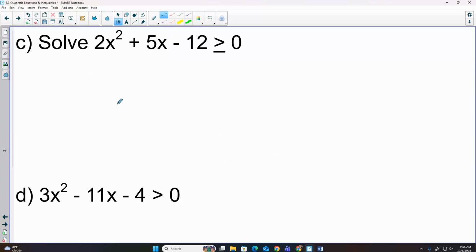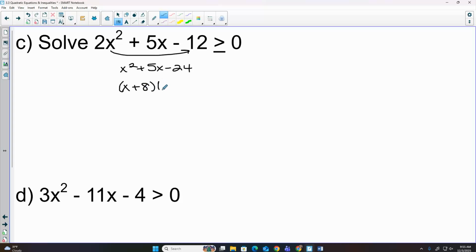Let's try a couple more. What would I have to do on this one? Yeah, x squared plus 5x minus 24. So multiply to negative 24 and add to positive 5.